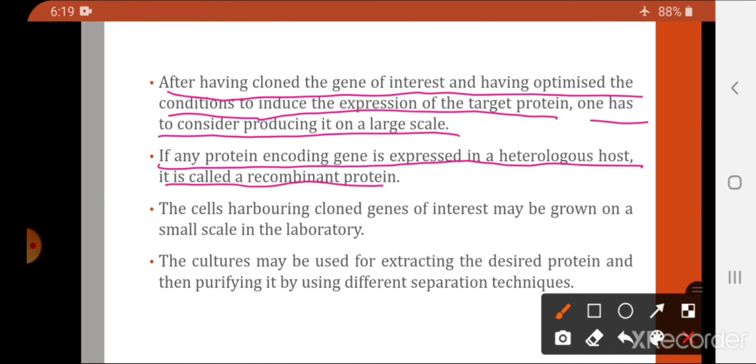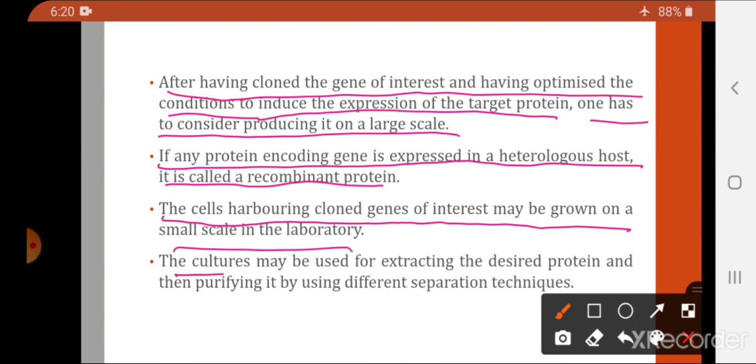Okay, so if any protein encoding gene is expressed in a heterologous host, it is called as a recombinant protein. यानी कि ई कोलाई में से जो इंसुलिन या जो प्रोटीन बन रहा है, that protein is called as a recombinant protein. The cells harboring cloned genes of interest may be grown in a small scale in a laboratory. ये सब प्रोसेस स्मॉल स्केल लैब में हो सकता है.